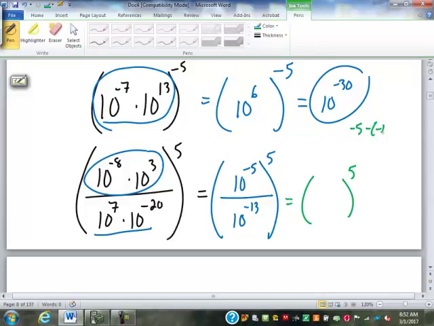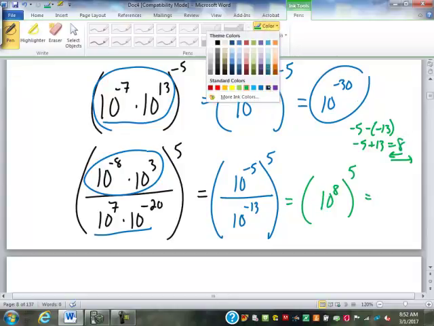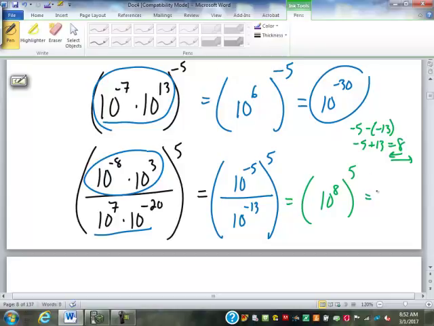Careful. So 10 to the negative 5th divided by 10 to the negative 13th. Negative 5 minus negative 13 is negative 5 plus 13, which is 8. It's 10 to the 8th. 10 to the 8th to the 5th.